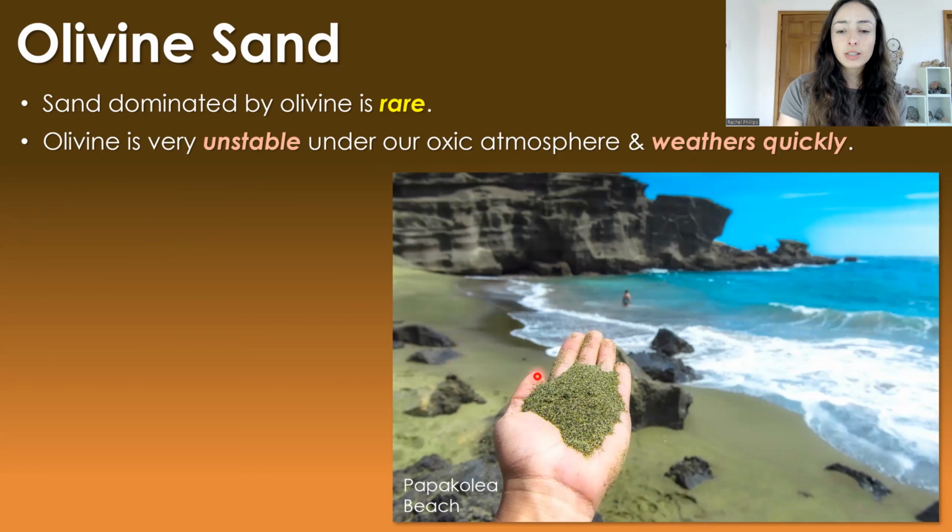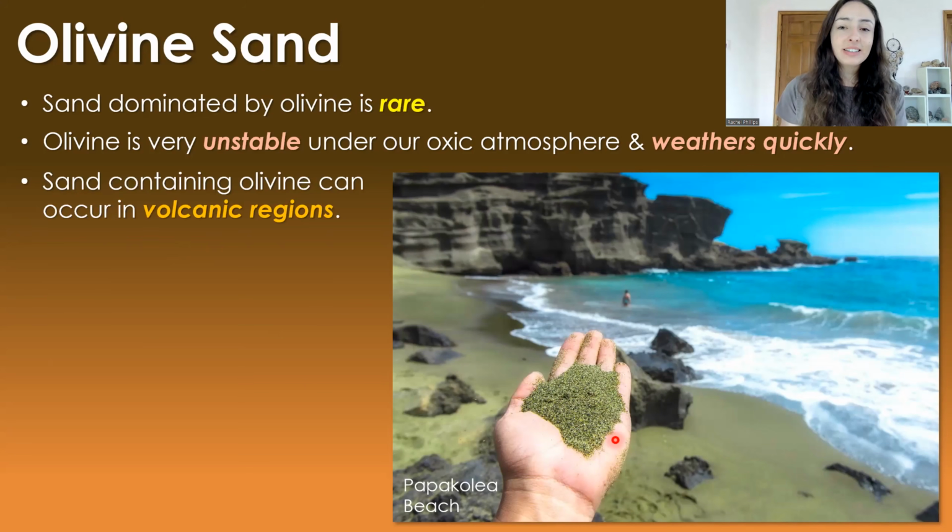And it weathers into these tiny little crystalline grains of olivine that are just this beautiful green color. Sand containing olivine typically occurs in volcanic regions because it is this ultramafic volcanic mineral, or plutonic rather than volcanic, but I won't get into the chemistry here. It just is sometimes present in volcanic regions, but it is rare in terms of making up full beaches like this one that is very green.